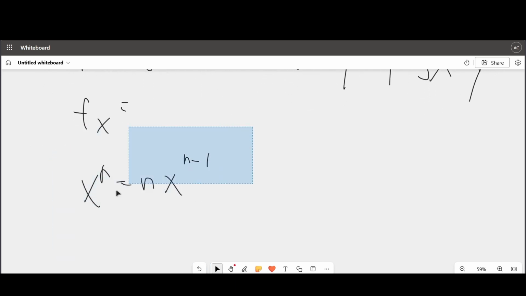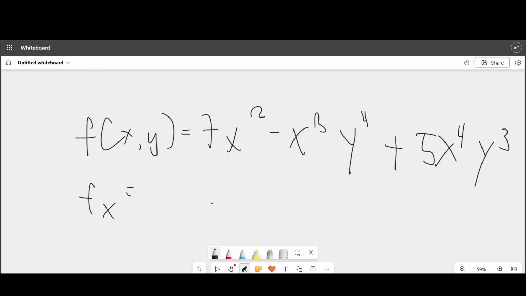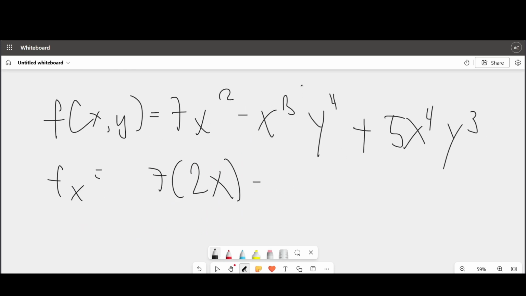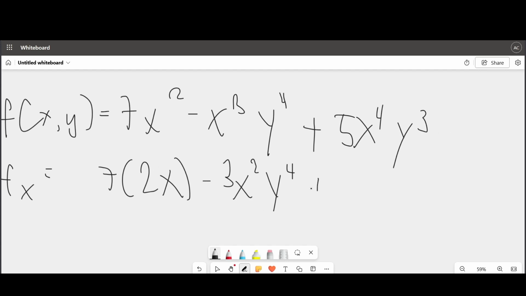So we're just going to proceed with answering this question first. So now we have x, right? What is the power rule of x squared? As we have already learned, the derivative of x raised to n equals n times x raised to n minus 1. Okay. So now we have to get the power rule of x squared.